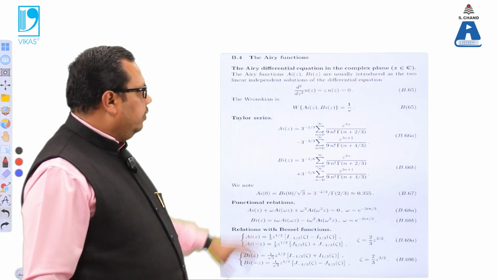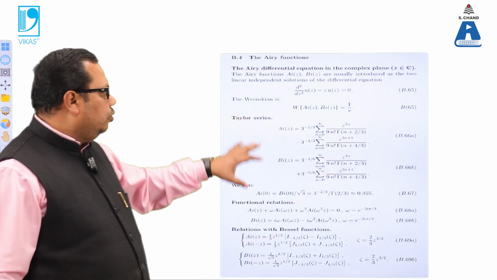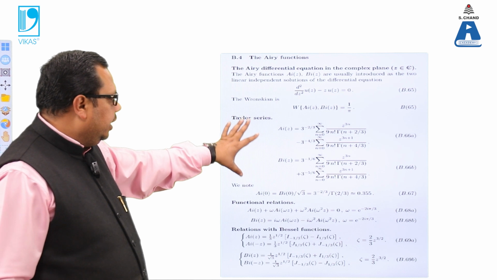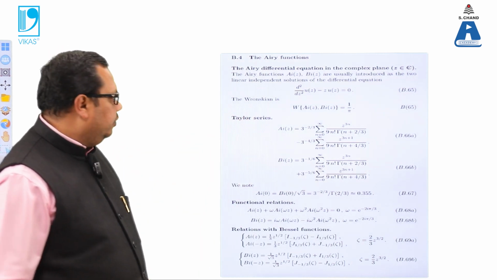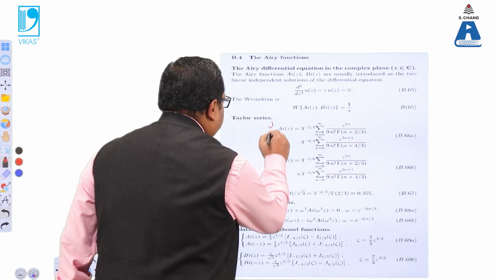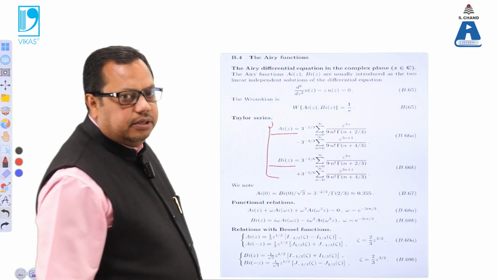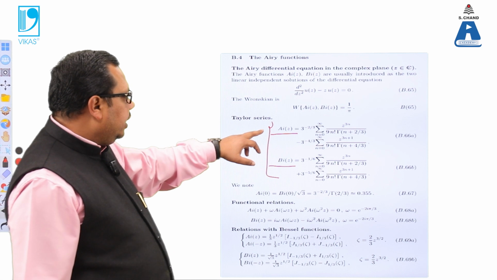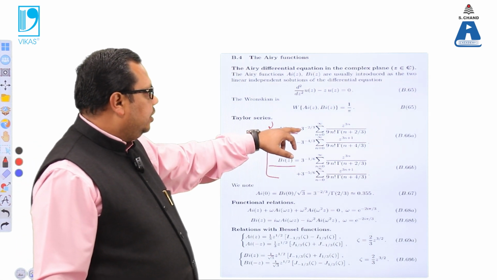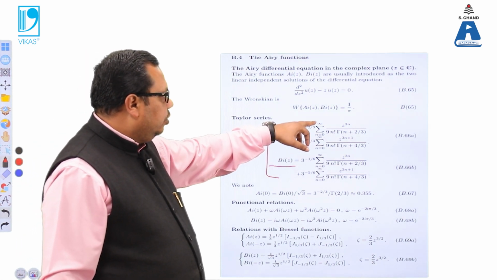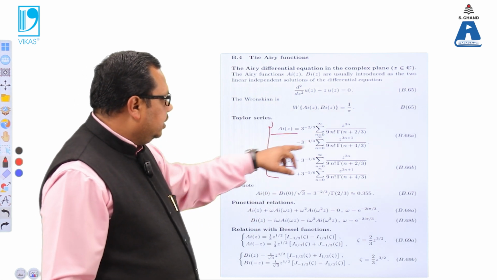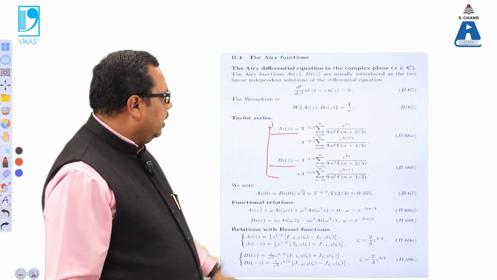So here we have two particular functions, and these two functions are used in terms of the Taylor expansion. One is Ai(z) is equal to 3 to the power minus 2 by 3, summed from 0 to infinity, and then minus 3 to the power minus 4 by 3 value we are using.